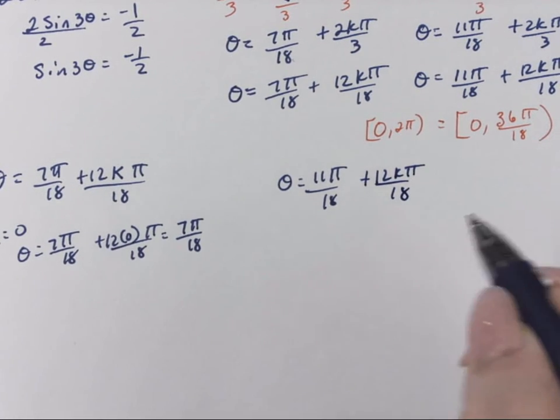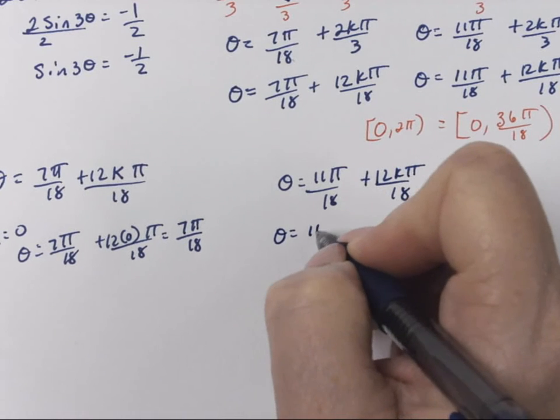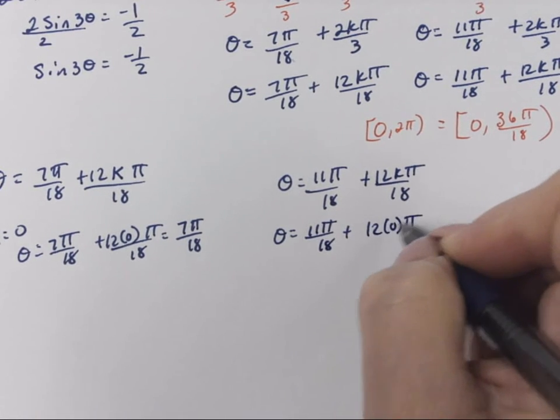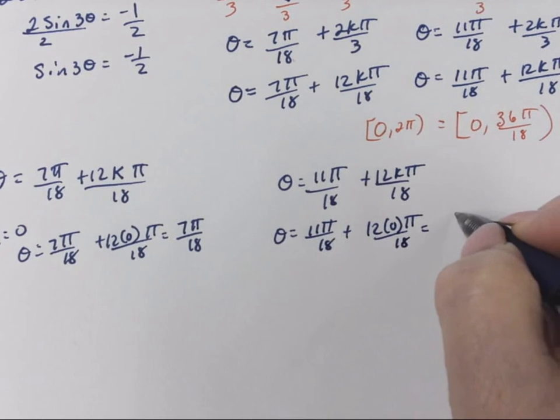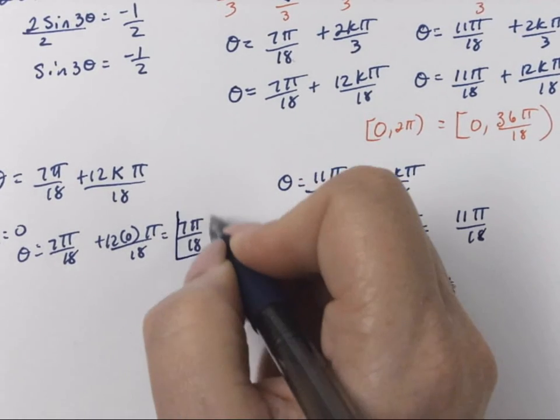So that means that theta is equal to 7 pi over 18 plus 12 times 1 pi over 18. Well, 12 times 1 will get us 12. 12 plus 7 gets us 19 pi over 18.